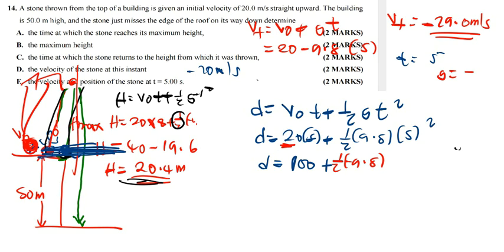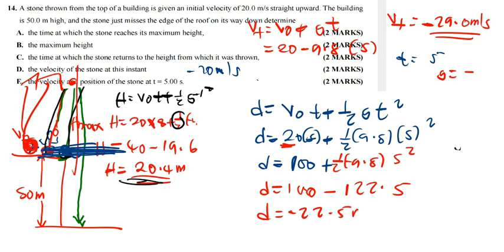Yes. 5 squared. So I have 0.5 times 9.8 times 5 squared. So I'll have d equal to 100 minus 122.5. D will be equal to negative 22.5 meters.